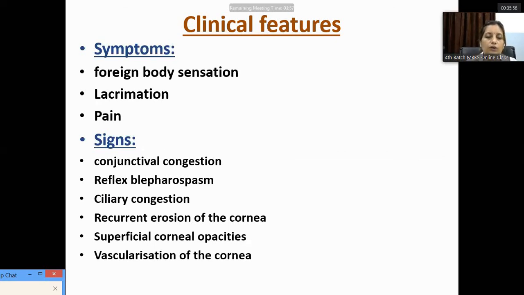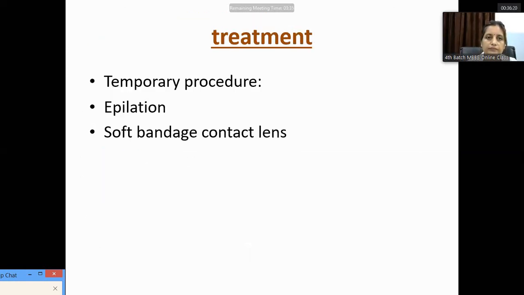But in a chronic condition, due to long irritation, you can see a red eye: conjunctival congestion, ciliary congestion, blepharospasm, and corneal irritation. Once corneal irritation starts, there can be corneal opacities, corneal ulcer, or even vascularization of the cornea. Temporarily in the OPD we just do epilation and a soft bandage contact lens.